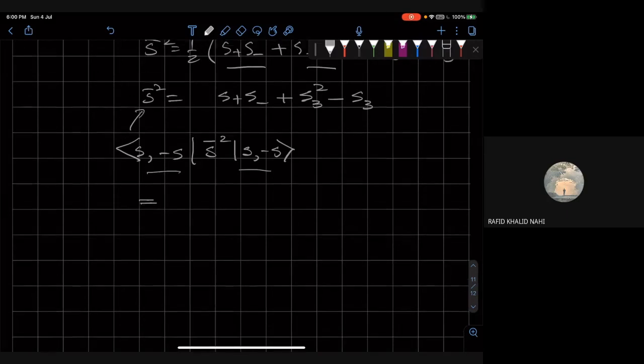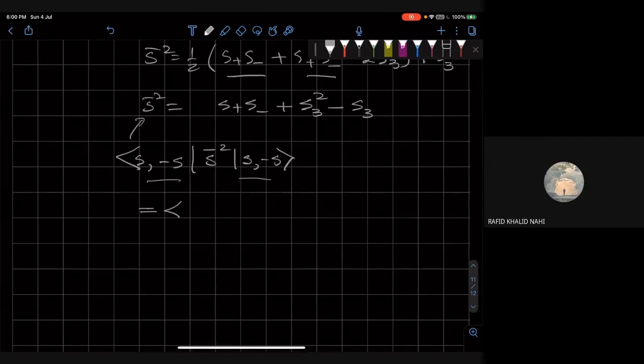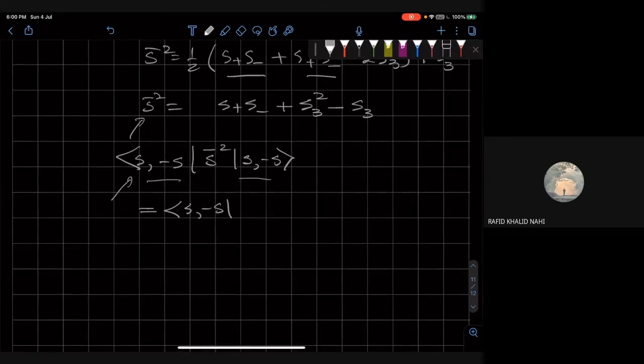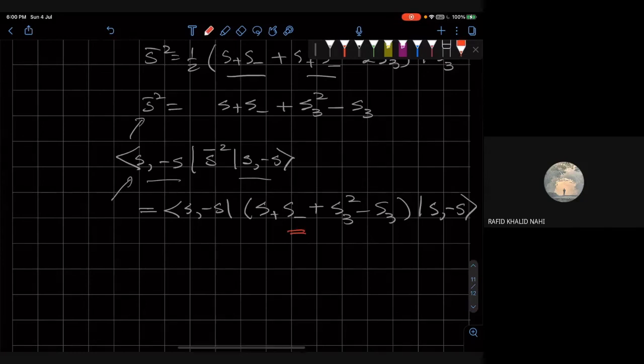You can do it with any other state, there'll just be a few more steps. S minus acting on this thing will give me 0.